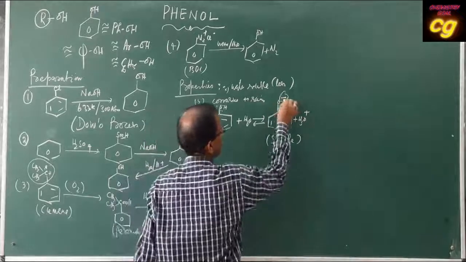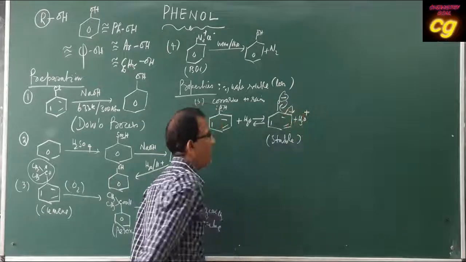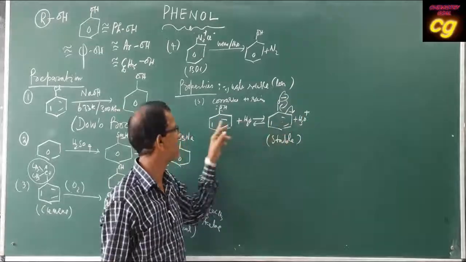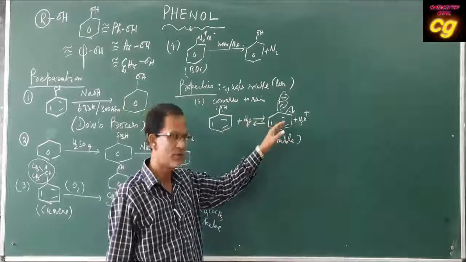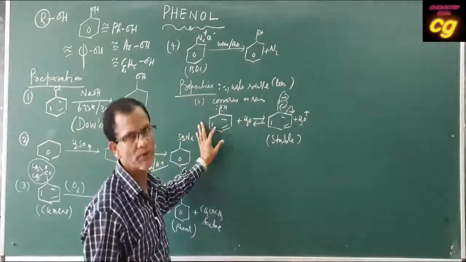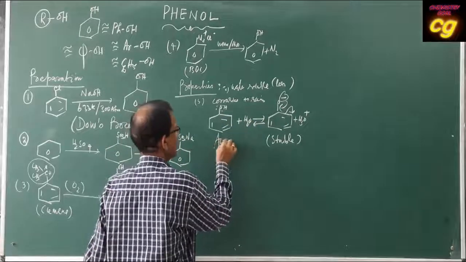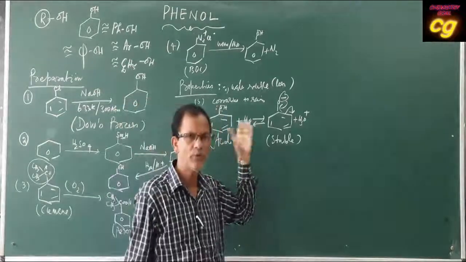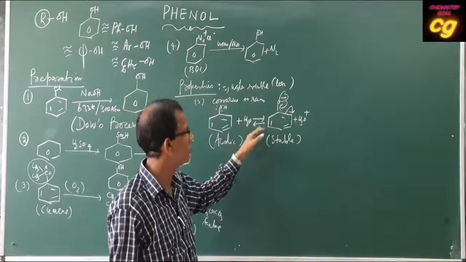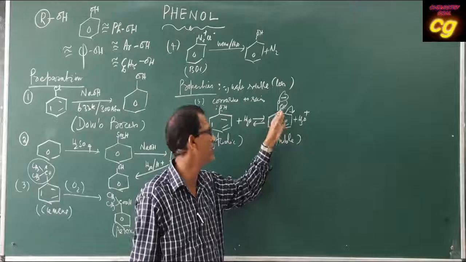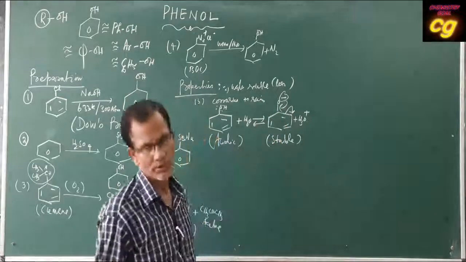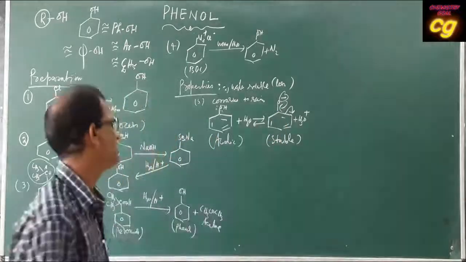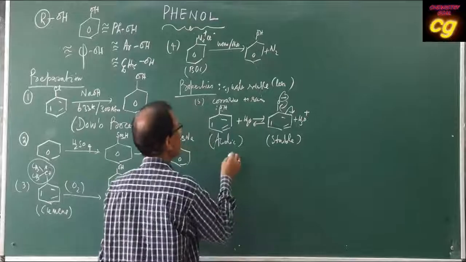You can draw like this. As this is the conjugate base of phenol, and it is stable, that's why phenol is acidic. When it mixes with water, it produces the phenolate ion, which is stable by resonance.